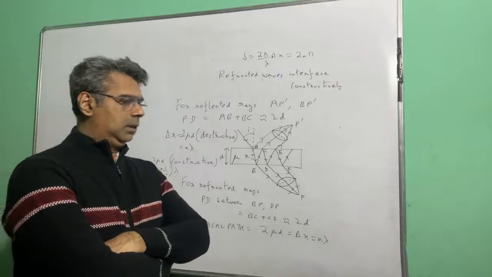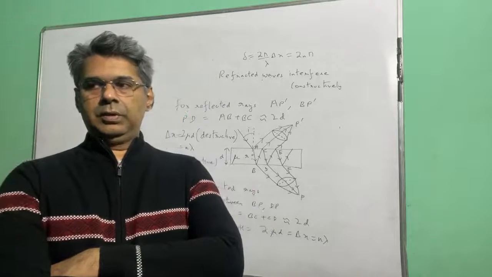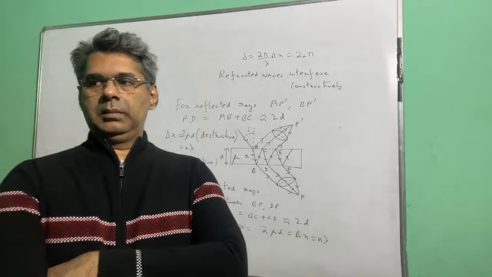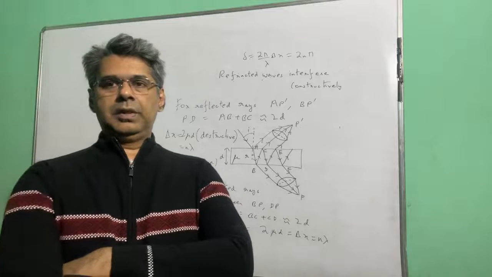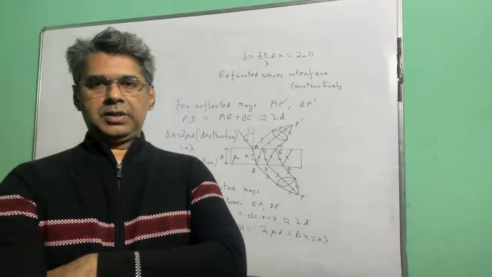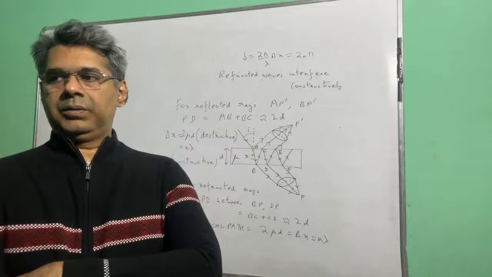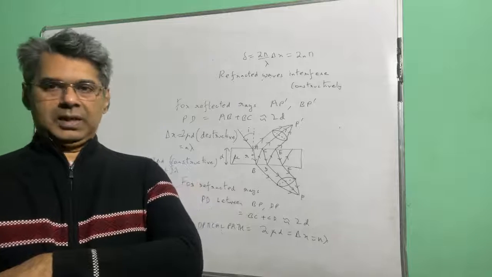Okay, now one important thing I wanted to say to all of you, that in this chapter light waves, actually we are left with two topics. One is single slit diffraction, and number two is polarization.